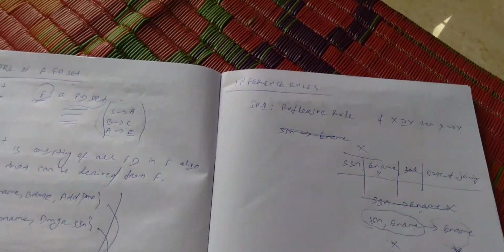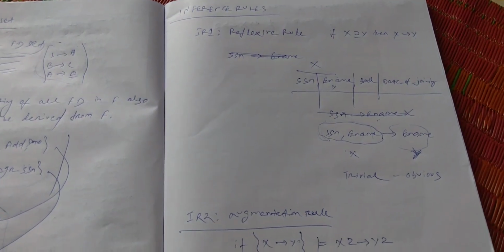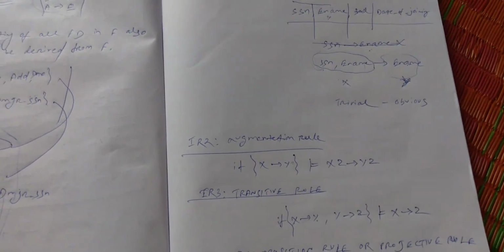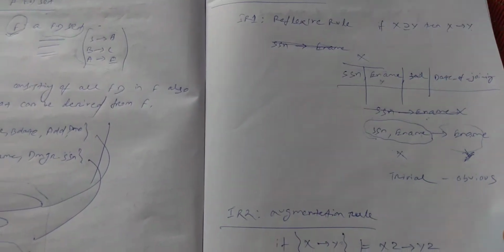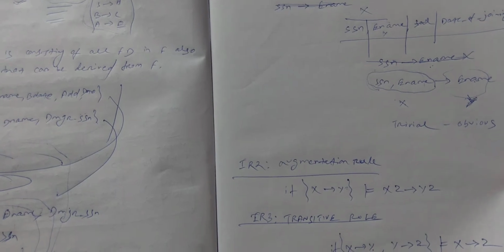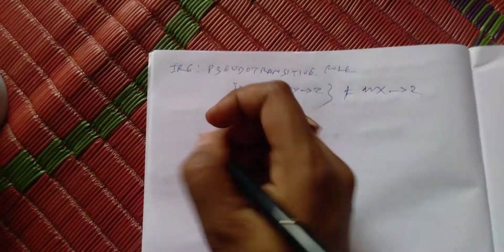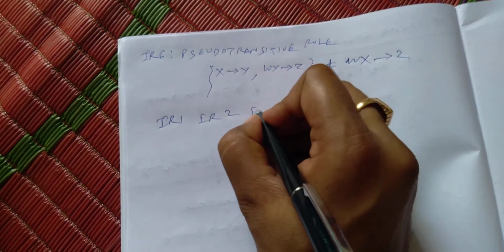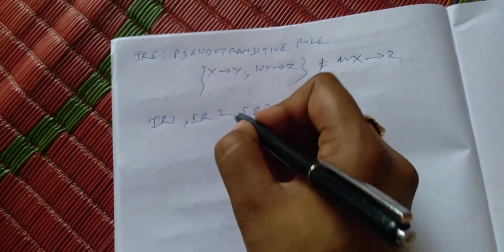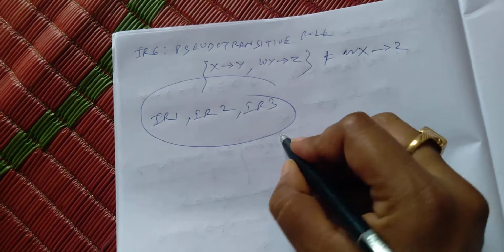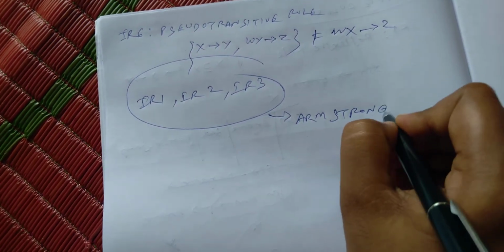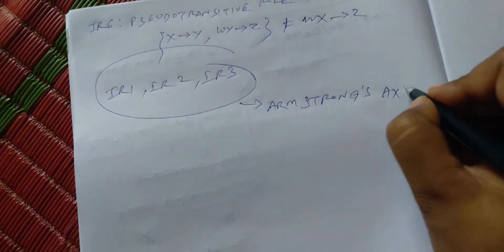See, the first rule says reflexive, second is augmentation, third is transitive. Out of these 6, the first 3, IR1, IR2, IR3, are called Armstrong axioms.